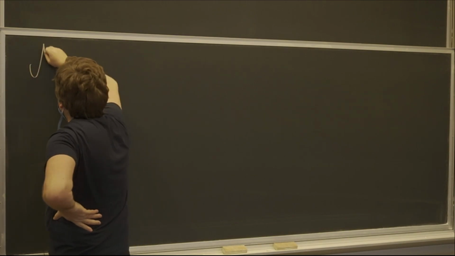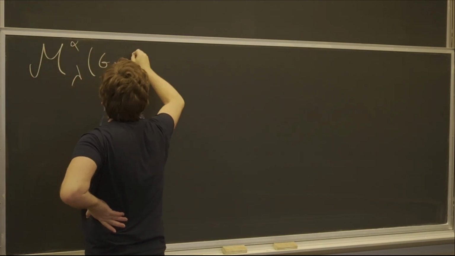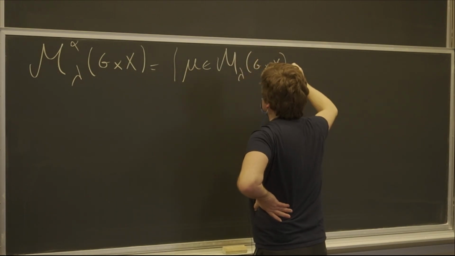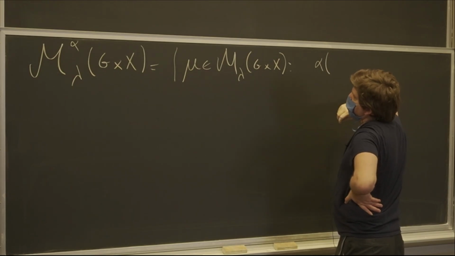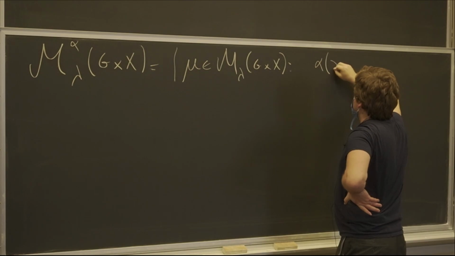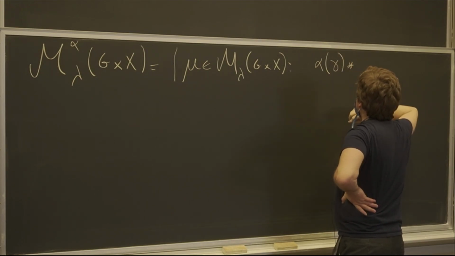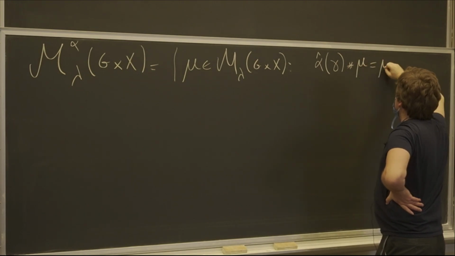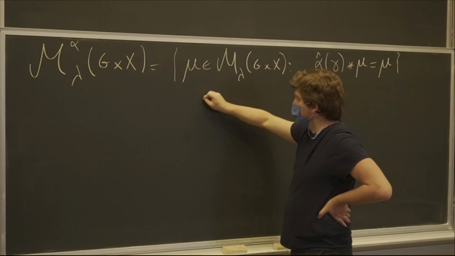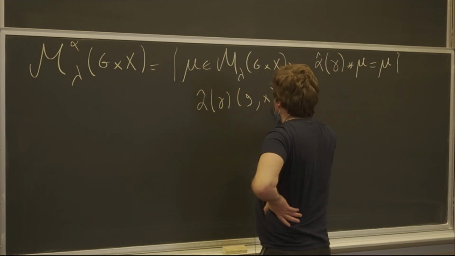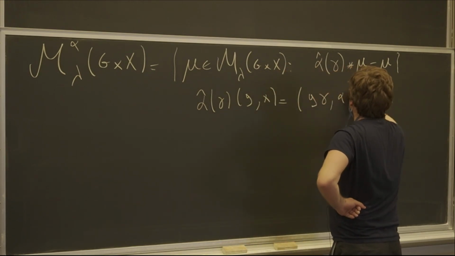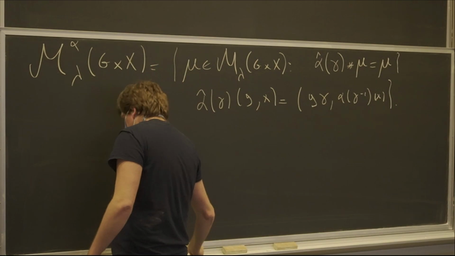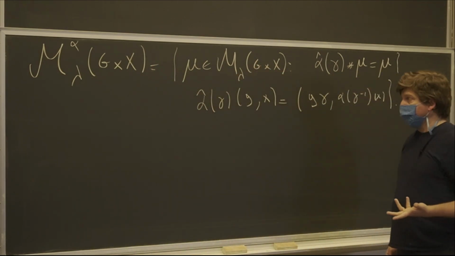So next, I take all the measures mu in the previous set such that alpha gamma star mu equals mu, where alpha gamma is the action on G times X. So these are the measures that actually come from the quotient space, from the X alpha.